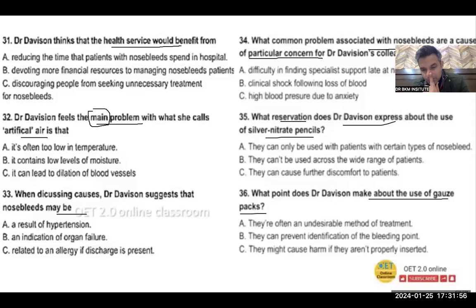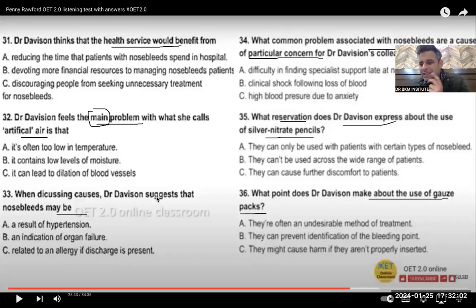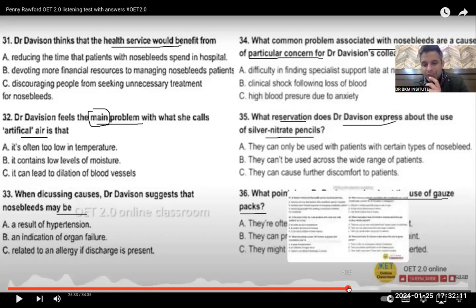This can be very traumatic for the patient, and there's also a danger of secondary infection if it's left in too long. Traumatic means they may cause harm, and this option has may as well. If they are not properly inserted, then they can cause harm. So it can be the answer, because they are not talking about B.